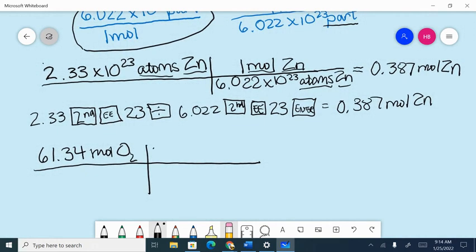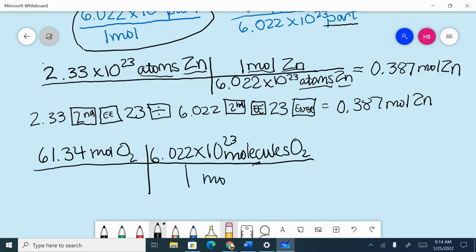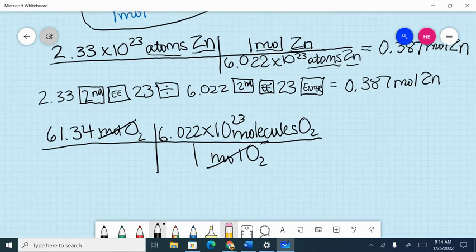And this is going to be 6.022 times 10 to the 23rd molecules of O2. Notice how we don't even have to care what we're canceling. It's always going to be 6.022 times 10 to the 23rd. Cancel, cancel.